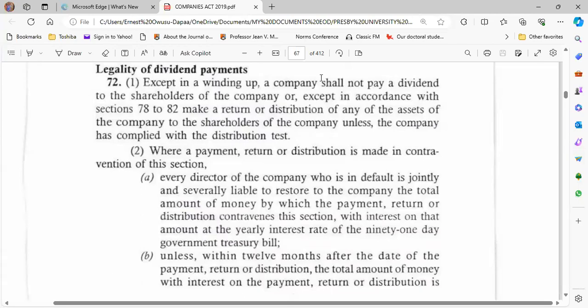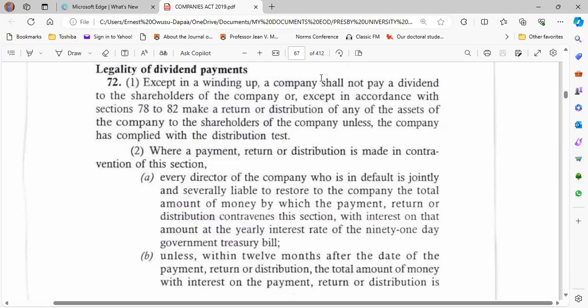No. You must actually ensure that you have met a particular criteria. And if you look at section 72(1), you notice that the lawmaker has introduced a certain concept, and that concept is called distribution test.